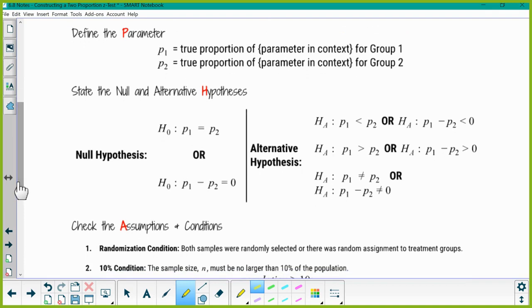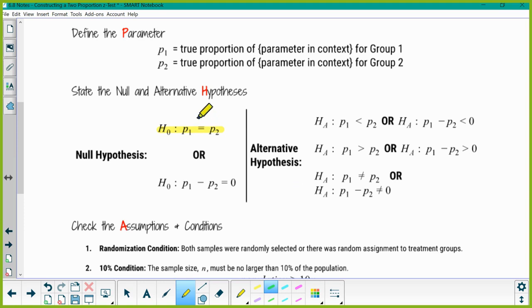Now, what's going to be different here is we're not going to have a null hypothesis with a specific value. There is no value that we are necessarily saying these things are equal to. Instead, our null is that the true proportion of P1 is equal to the true proportion of P2. That is always going to be our claim. There's two different ways you could write this.